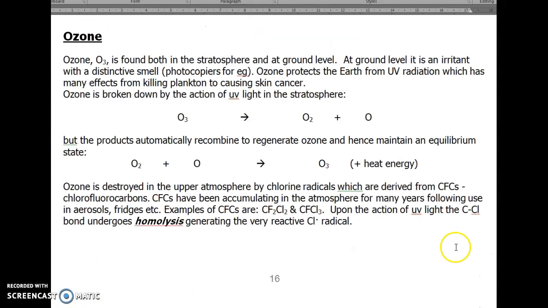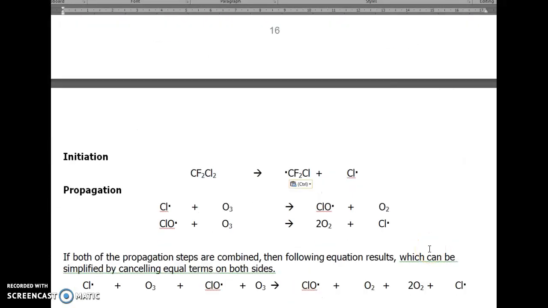So first of all, let's look at this mechanism. We don't really have a termination step here, but we do have an initiation step. We have one initiation step. So any chlorofluorocarbon, our CFCs, under the action of ultraviolet light, we break the carbon-chlorine bond. This is the weakest bond, and we're left with a chlorine radical and an alkyl radical. That's the best way to term it. So our chloro-difluoro-methyl radical.